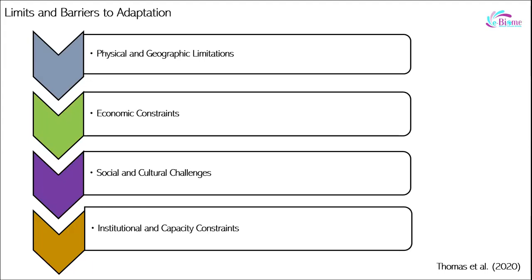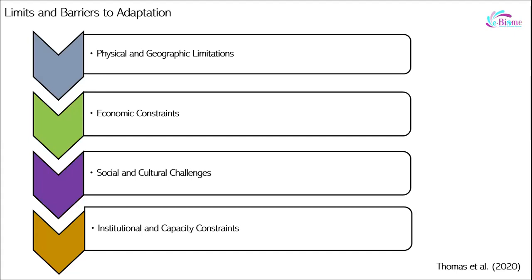Barriers, on the other hand, are obstacles that hinder the process of implementing various adaptation strategies. Unlike limits, barriers can potentially be overcome once various targeted actions are used.